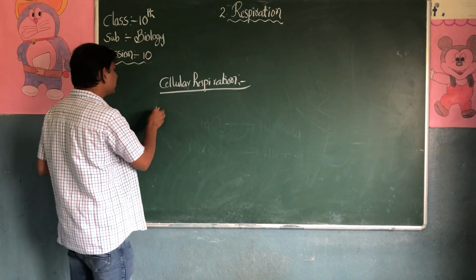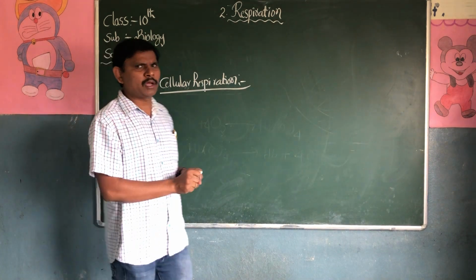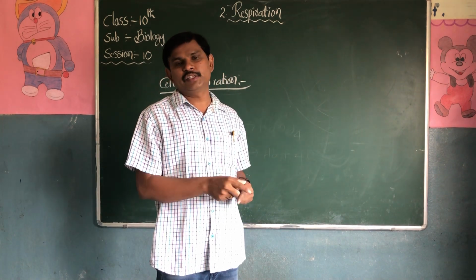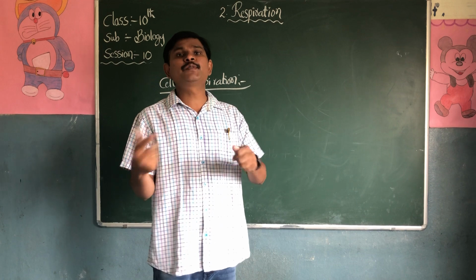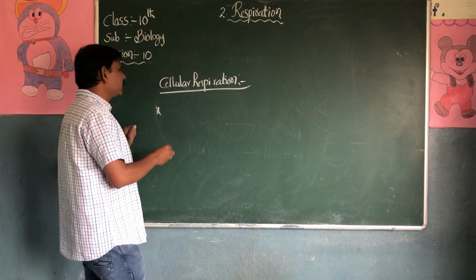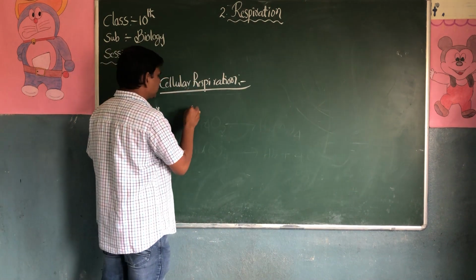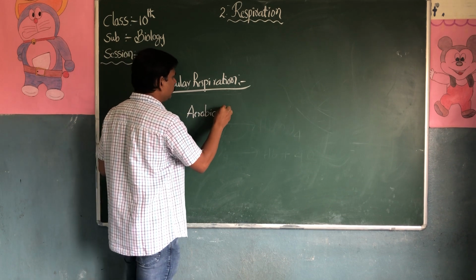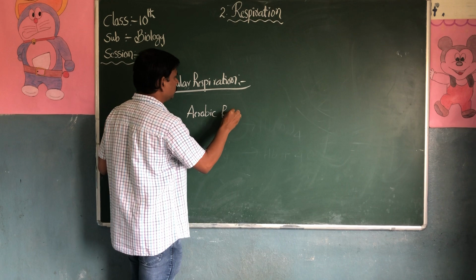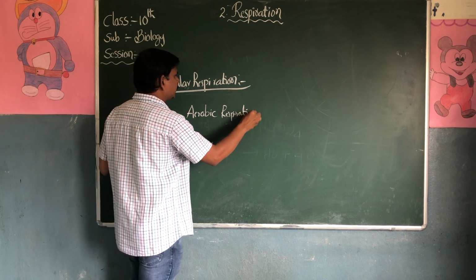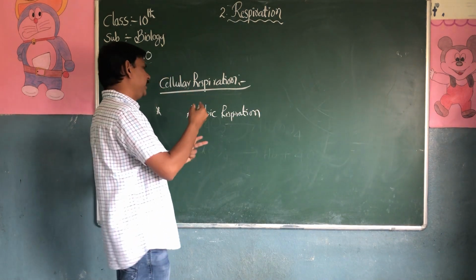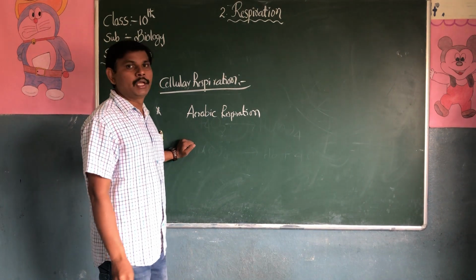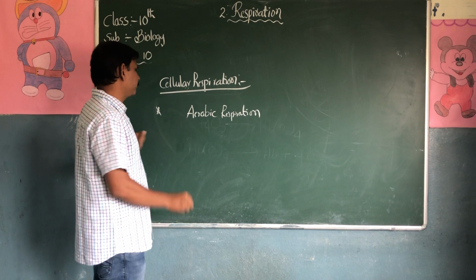This cellular respiration takes place in two types. One is in the presence of oxygen, and the other is in the absence of oxygen. If respiration takes place in the presence of air, in the presence of oxygen, it is called aerobic respiration.